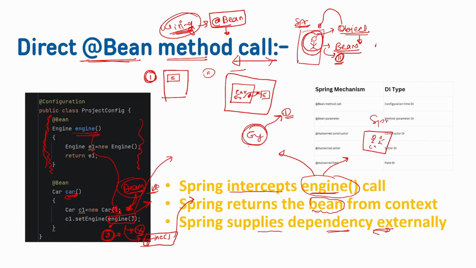So Spring first checks in the context whether the engine dependency exists or not. If it exists, it directly returns it from the context. But if the engine bean does not exist, only then it creates a new bean.